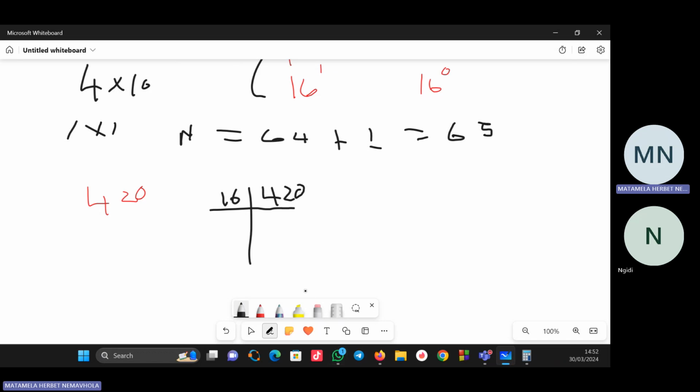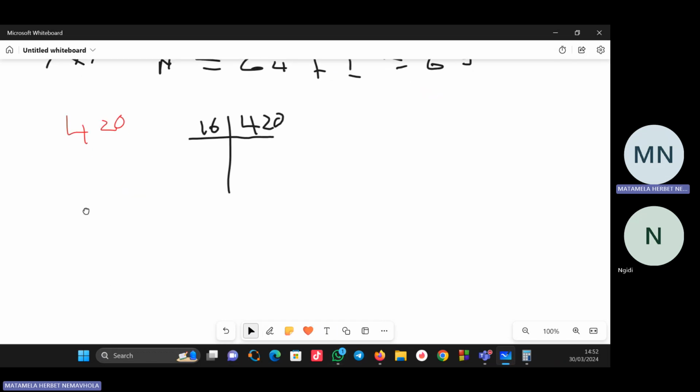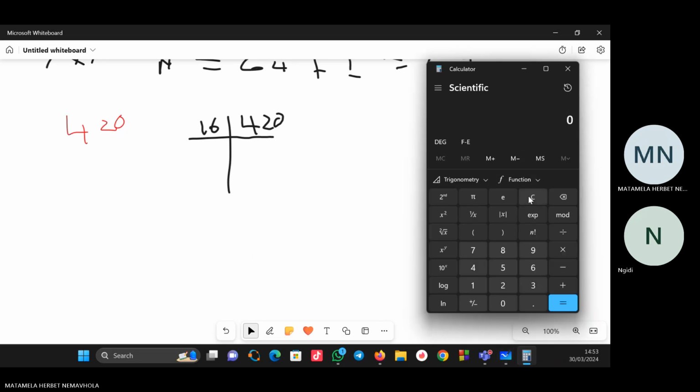So if we are going to divide here, if you say 420 divided by 16, you can see that we get 26. Yeah. The remainder is 26.